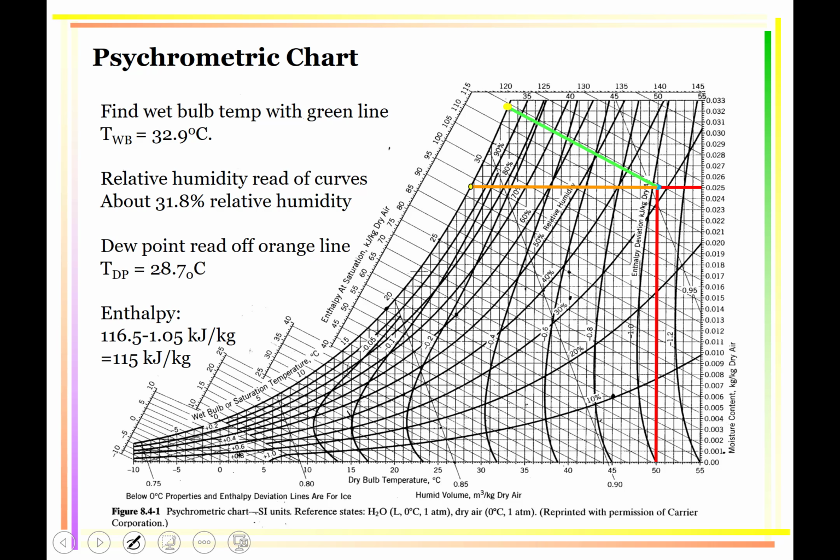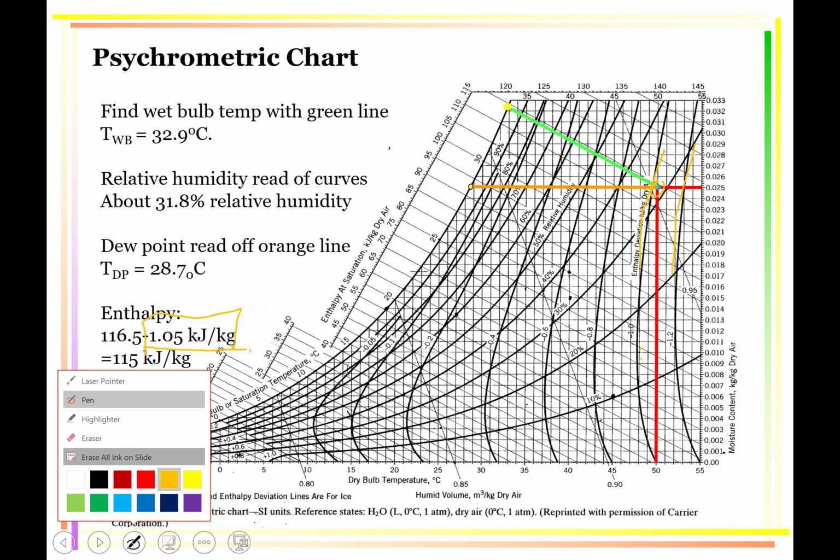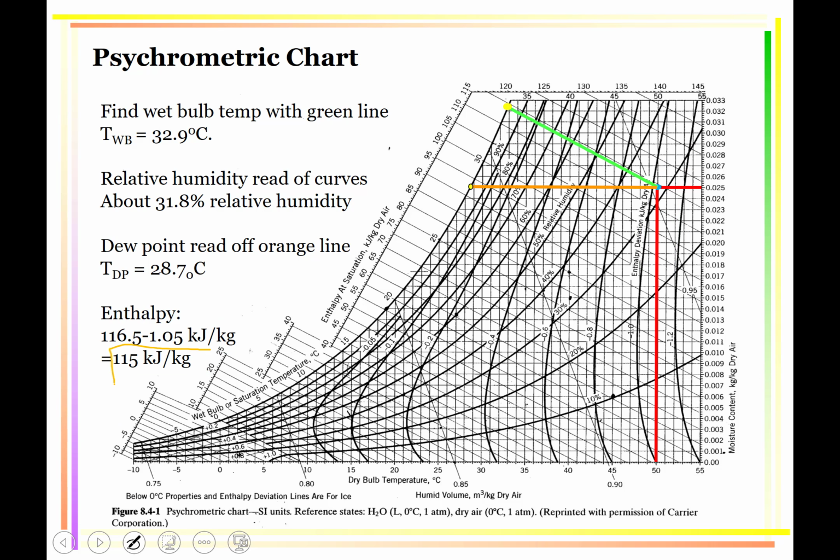Nope, I'm wrong. We're on the other side of the -1 line. Here's the -1, and the next one is -1.2. So we're not quite a quarter of the way, but I picked out -1.05 as our deviation from the saturation. So that gives us about 115. The resulting enthalpy of our air is 115 kilojoules per kilogram.